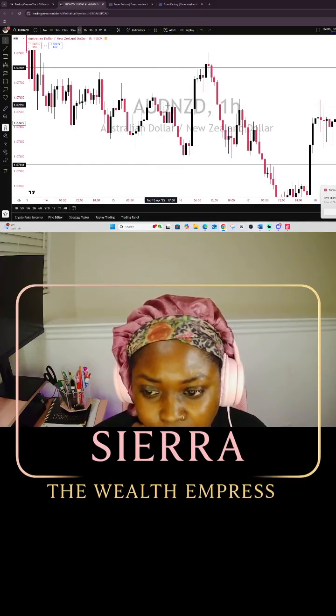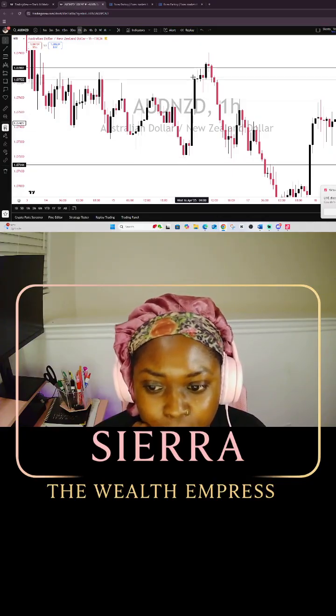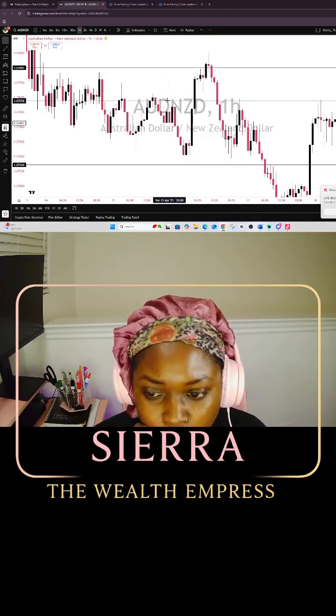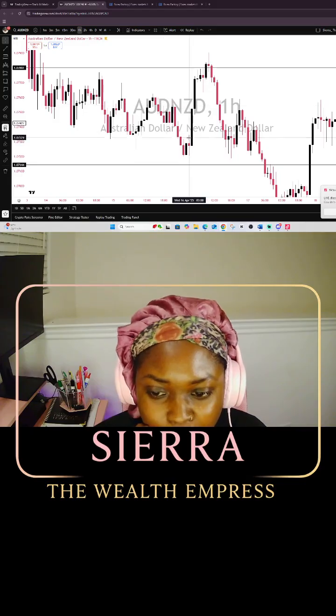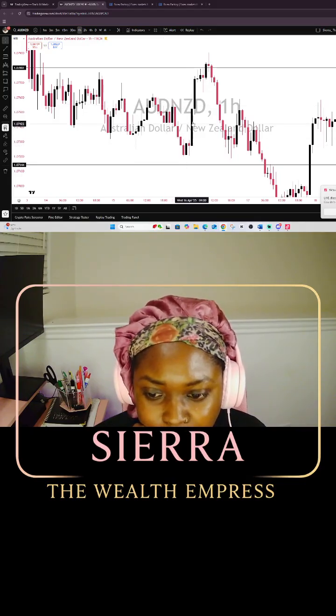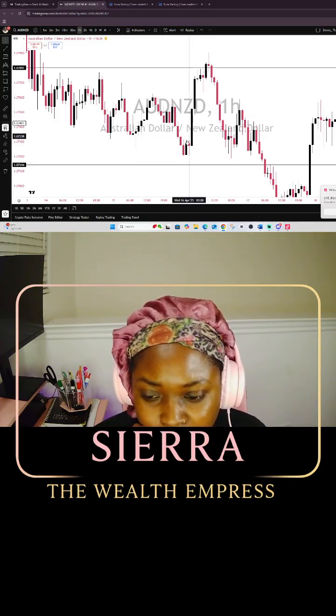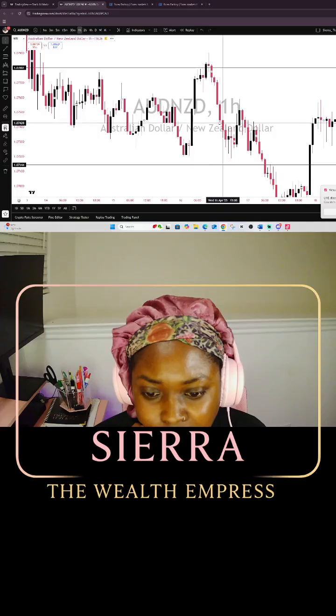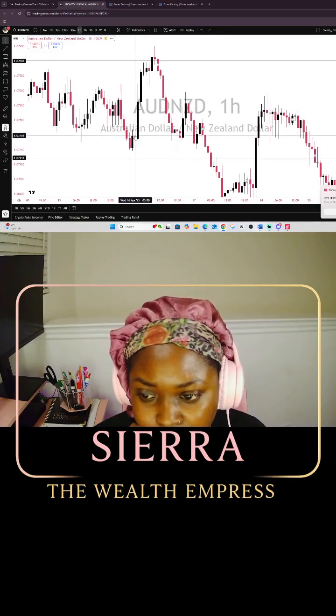And on this one, price ran liquidity on the upside and then gave a down move and then pushed up. So it ran liquidity on both sides, right? This is why you always want to wait on these gaps. You wait on these gaps for price to let you know what it's going to do, okay?